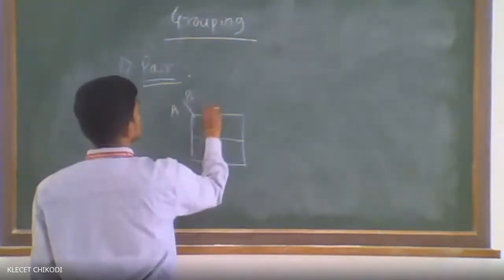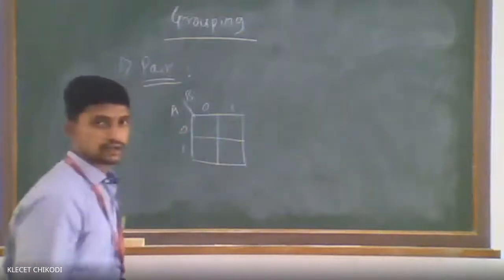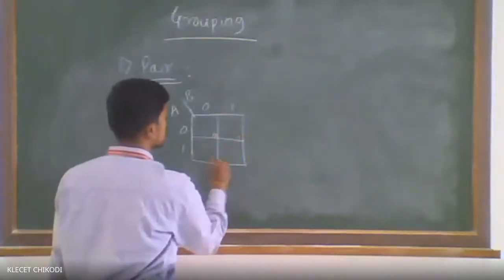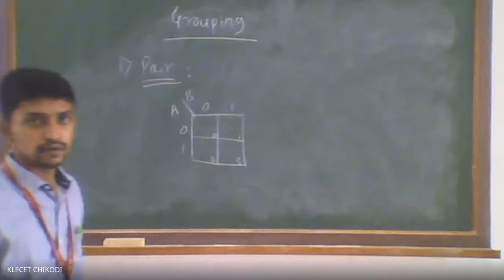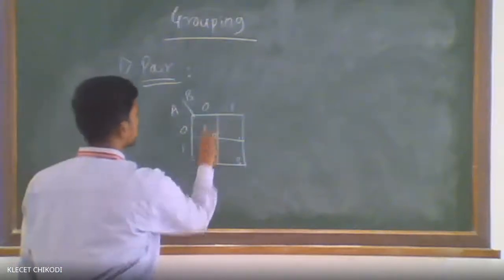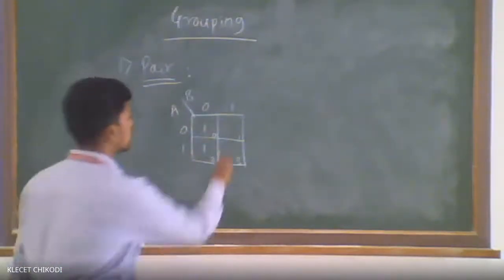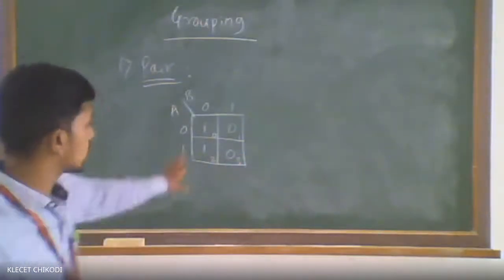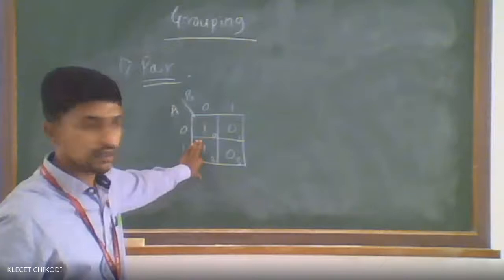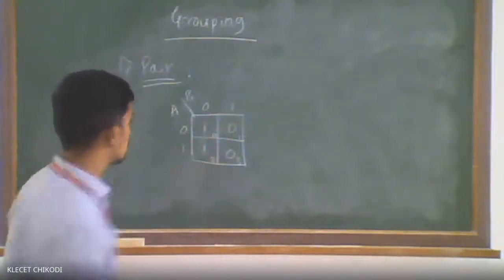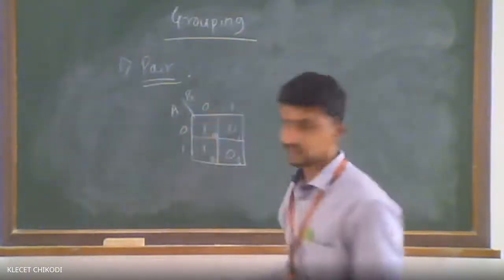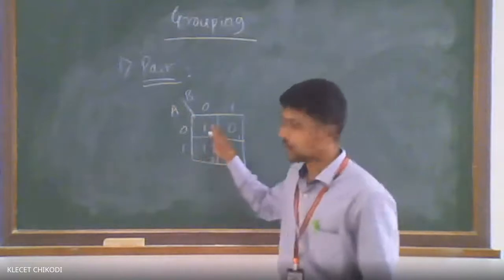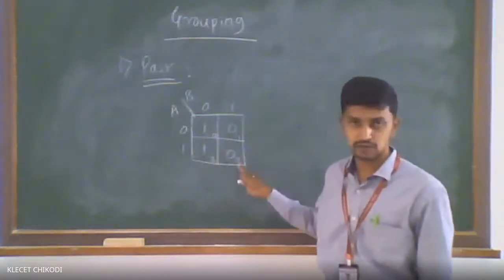A, B, 0, 1, 0, 1. Cell numbering is 0, 1, 2, 3. What I will do? I will write 1, 1 here and 0, 0 here. Assume that we have got the truth table. From that truth table, we have got these numbers in the respective cells: 1 1 0 0.